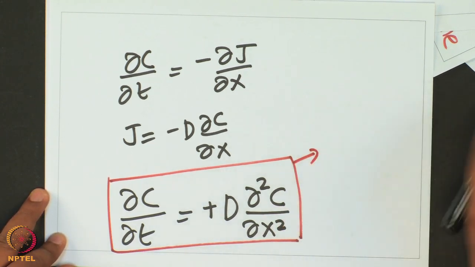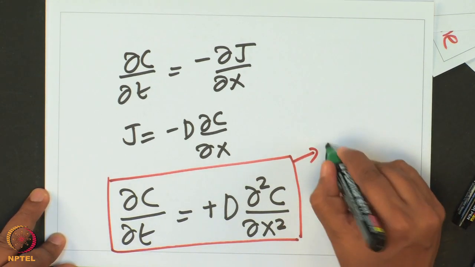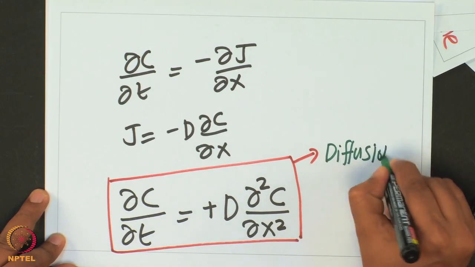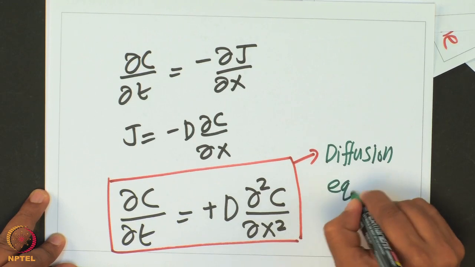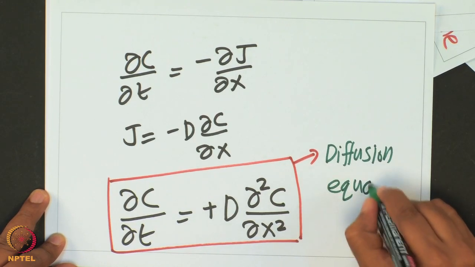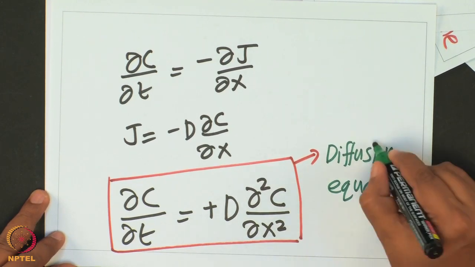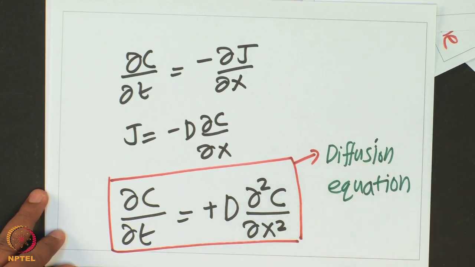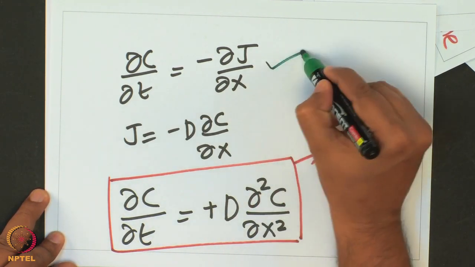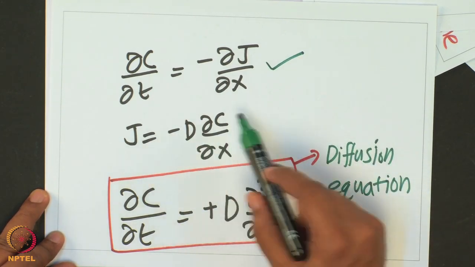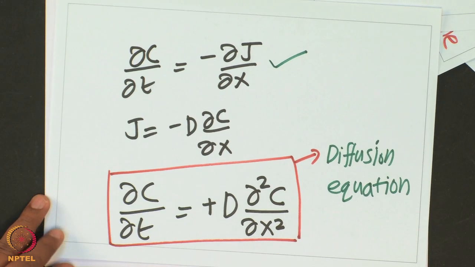This equation is called the diffusion equation, which says ∂C/∂t is equal to D ∂²C/∂x². The equation is exactly the same as the earlier equation. I just substituted this J here and I got this.